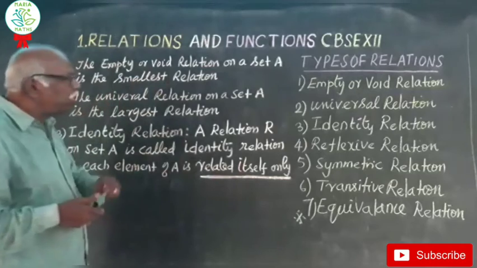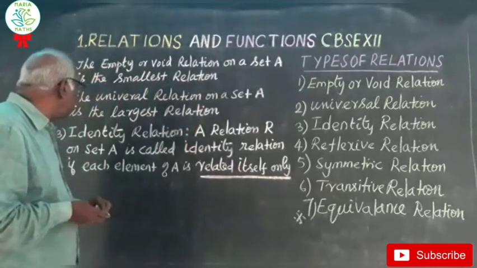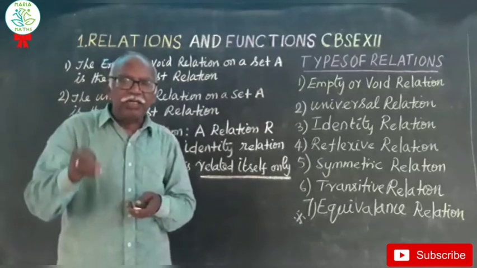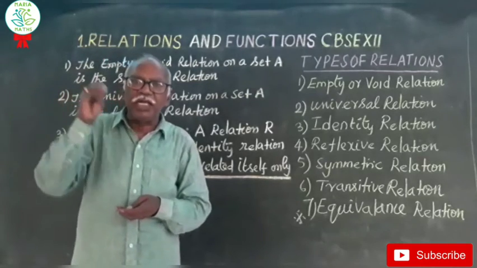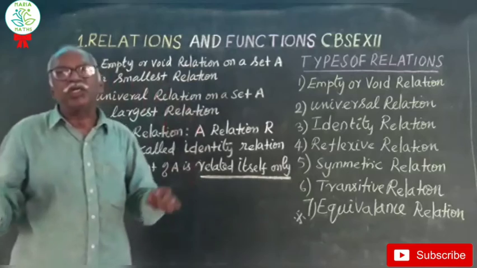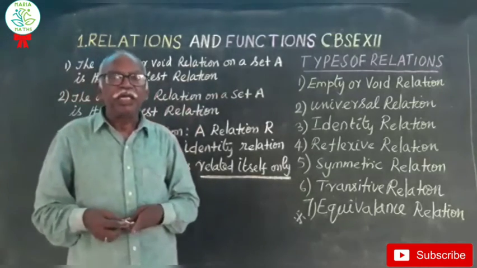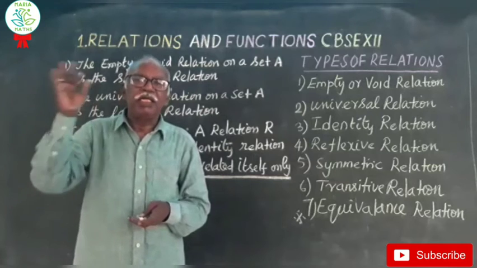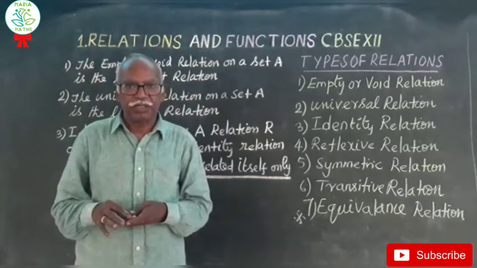Then the universal relation on set A is the largest relation. Why? Because in universal relation, every element of A is related to every element of A. Therefore, universal relation is the largest relation and empty relation is the smallest relation.